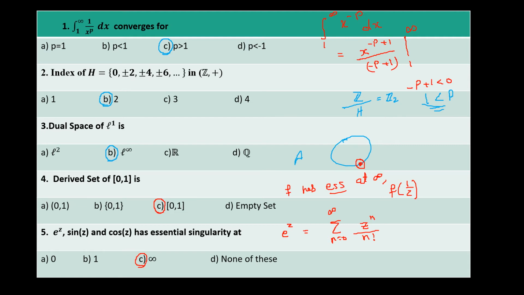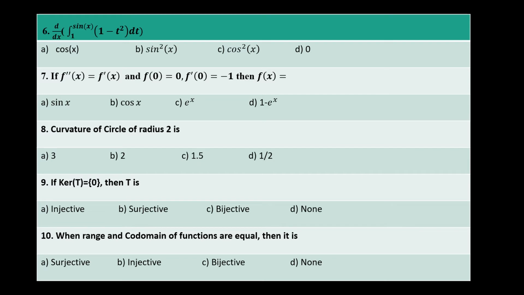So the next question is asking about the derivative of the integral from 1 to sin x of 1 minus t square dt. Here we use the fundamental theorem of calculus, which says that d by dx of the integral from a to b of f of t dt is f of b minus f of a.